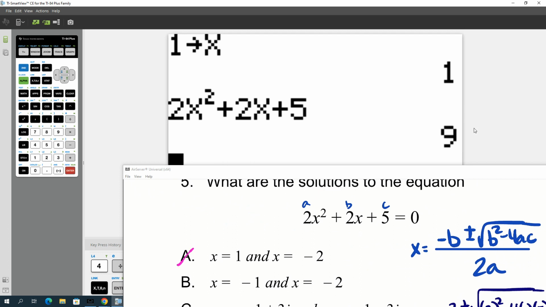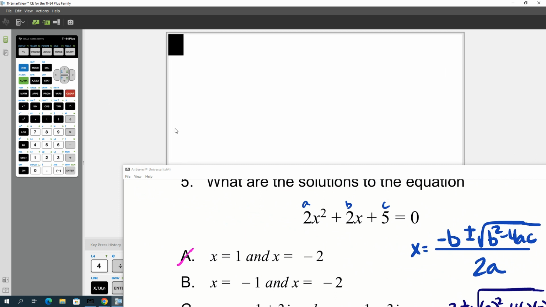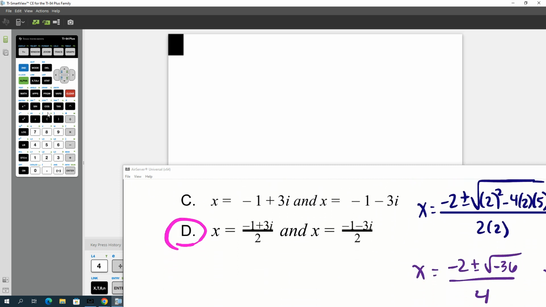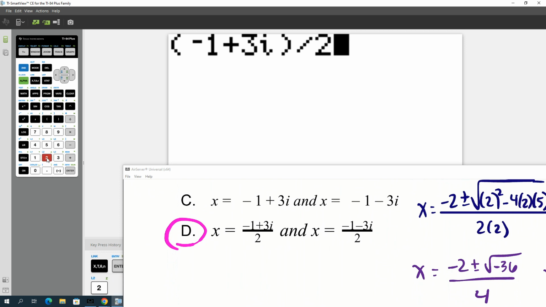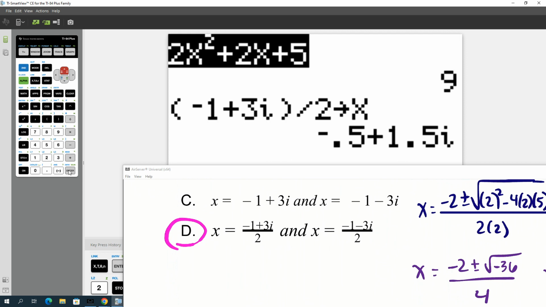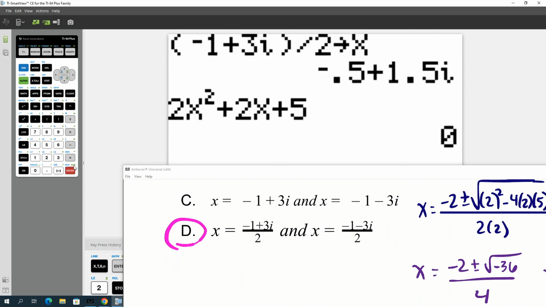All right, and then you check as many as you want to, but when you go to check D, which I know is going to work, to type that in, you're going to do -1 plus 3i in parentheses, and then divide it by 2, and store that as x. All right, and then go back up, choose it, and you do get 0.